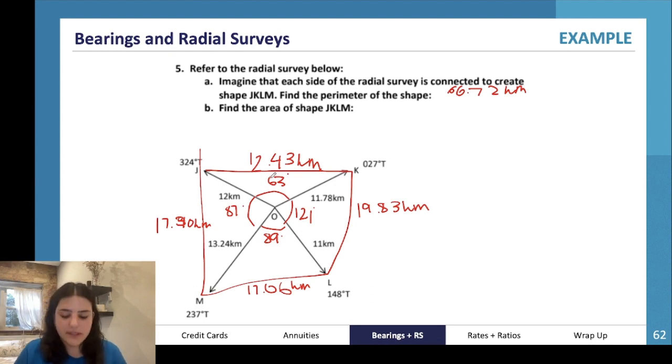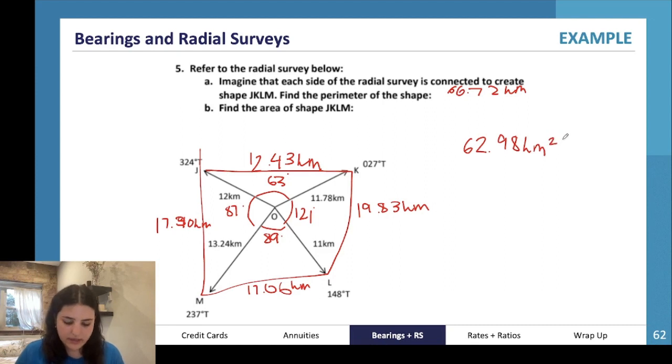And then to find the area of the shape, we need to find the area of all the triangles. So the first one is going to be half times AB sine C. So half times 12 times 11.78 times sine 63. So the first triangle is, we'll list them out here, 62.98 kilometers squared.